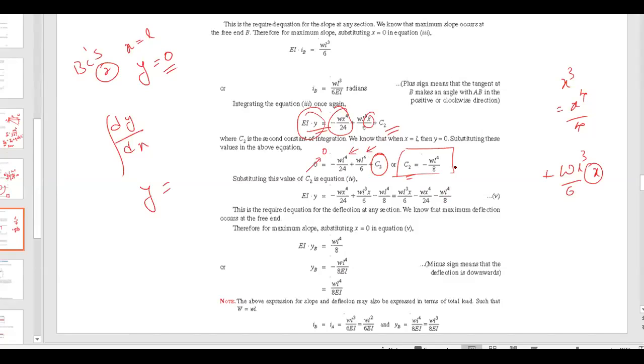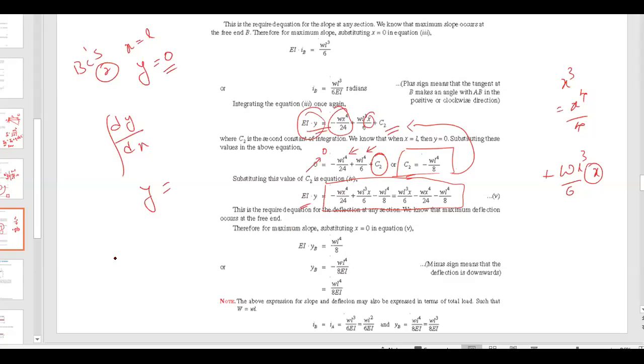After finding the C2, I need to resubstitute the value of C2 in my previous equation. So I will get a final equation of the deflection equation at any point. ఎక్కడ కావాలన్నా నేను ఈ ఈక్వేషన్ యూజ్ చేసి మనం డిఫ్లెక్షన్ కనుక్కోవచ్చు.